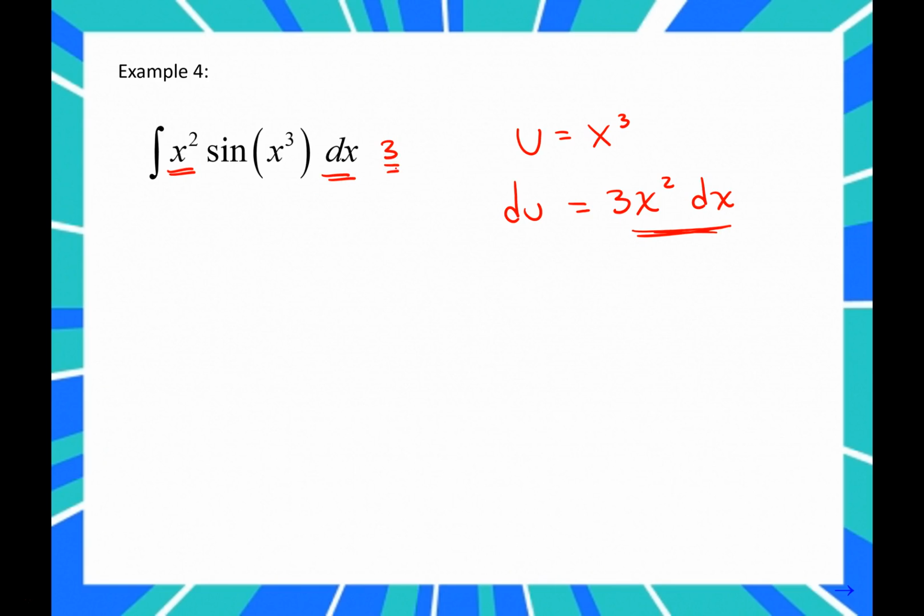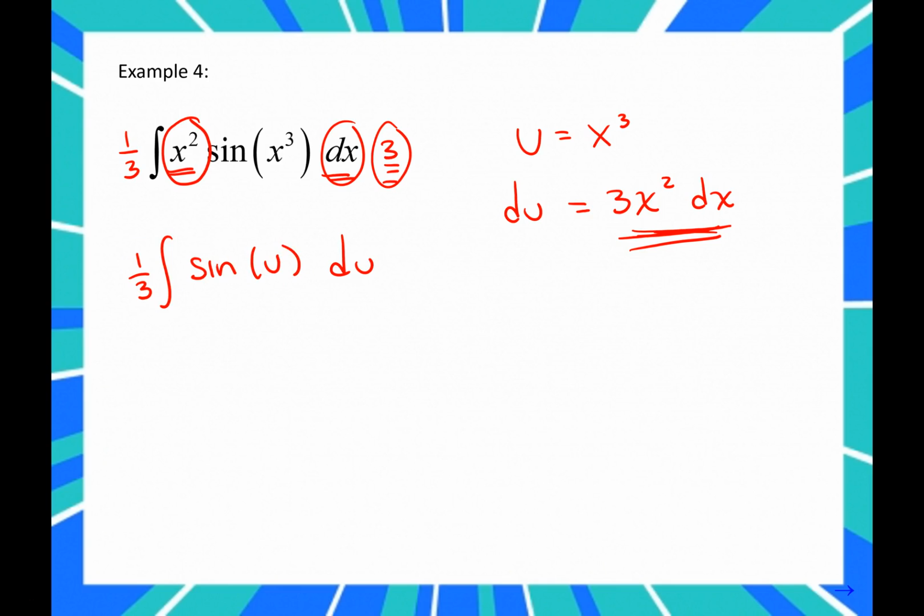So I'm going to have a 1/3 that I need to put on the outside because I just put this 3 in the problem. So now everything I've underlined here, an x squared, 3, and a dx, that's a perfect match here, so I can replace that with a du. So this is a 1/3 here, and this is going to be sine of u.